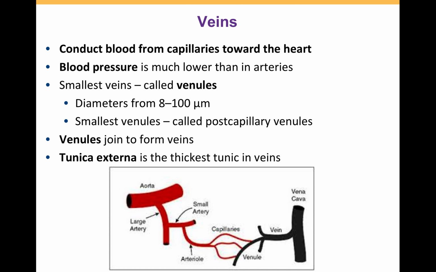The other thing you need to know is that blood pressure in veins is going to be much lower than in arteries because you're getting farther and farther away from the heart, which acts as the pump. So as you move farther and farther away from it, you drop pressure more and more.